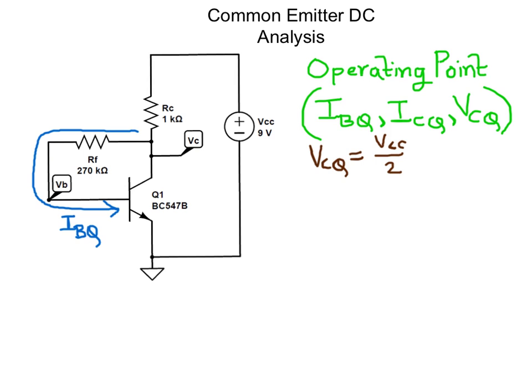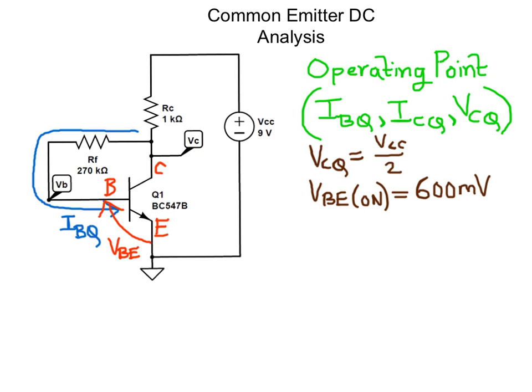Let's label the transistor terminals again: base, collector, emitter, and this voltage here is VBE. We know that the base emitter junction voltage, VBE on, equals 600 millivolts.